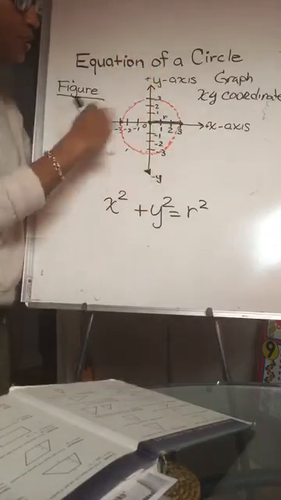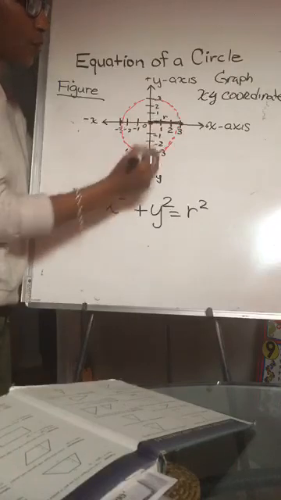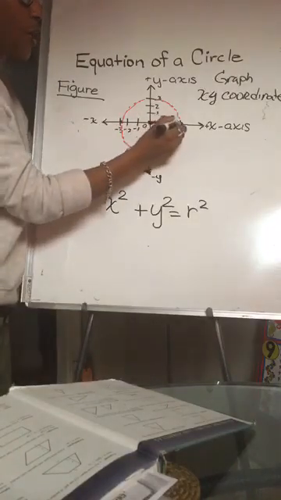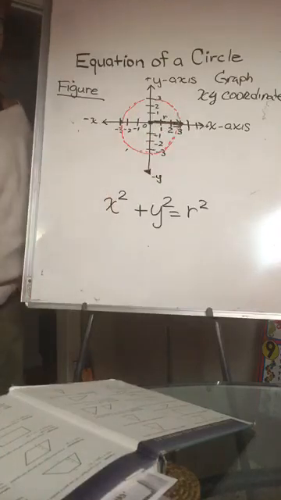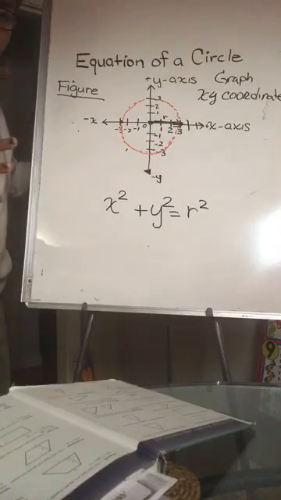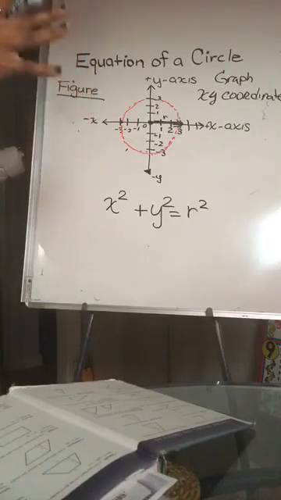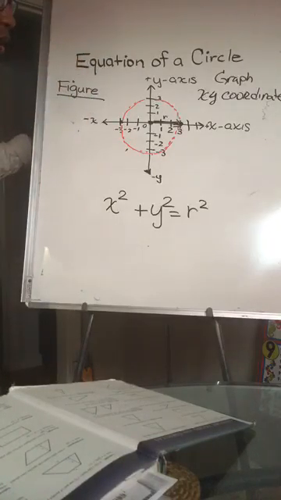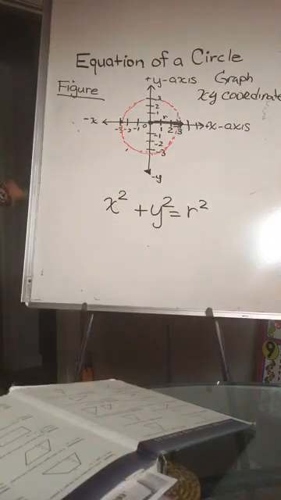So the circle is centered around x and y, and it has a radius from the center point, which is 0, all the way to 3. It could be 4, 5. It depends on what distance you want to enlarge your circle. So now we know what our equation of a circle is.